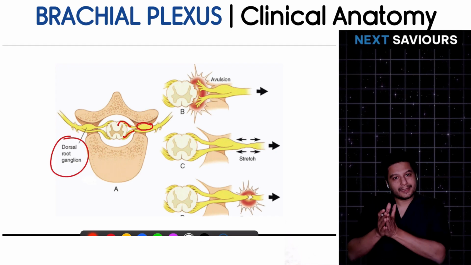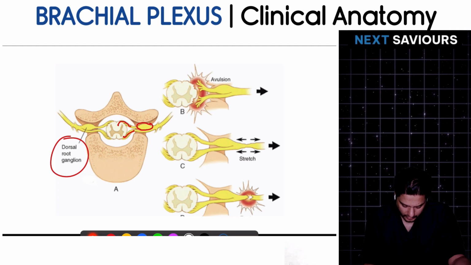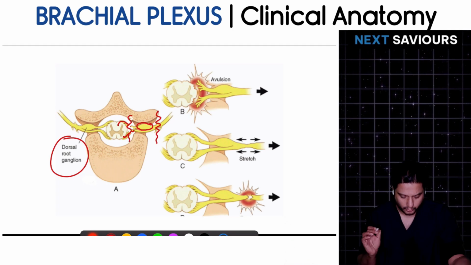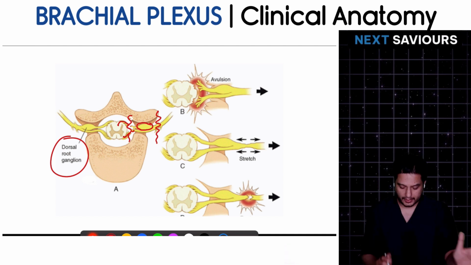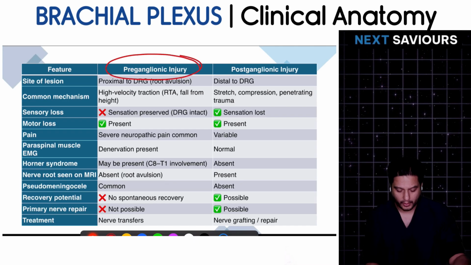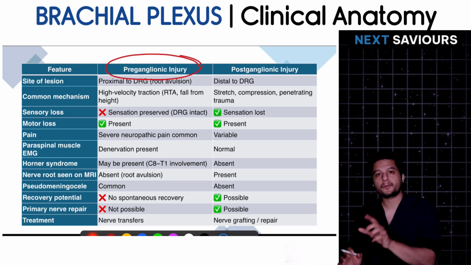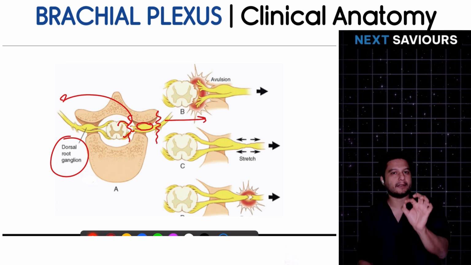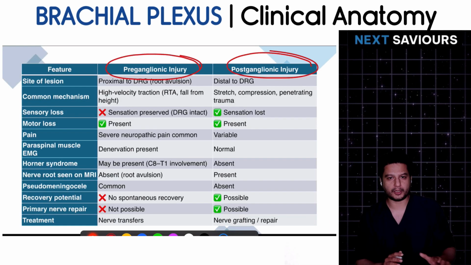An injury to the brachial plexus can happen either proximal to this dorsal root ganglion or distal to this dorsal root ganglion. Now, if the injury is happening proximal to this dorsal root ganglion, it would be called as preganglionic injury to the brachial plexus. While if the injury is happening distal to this dorsal root ganglion, it would be called as postganglionic injury to the brachial plexus.